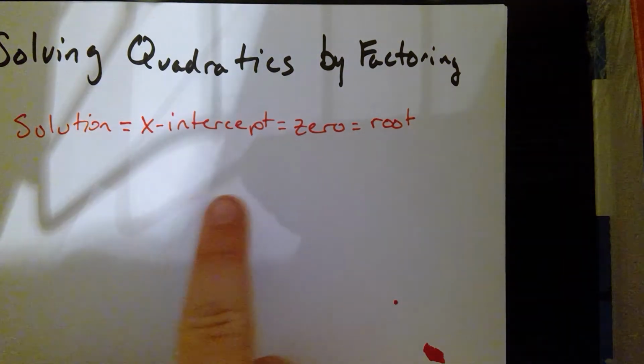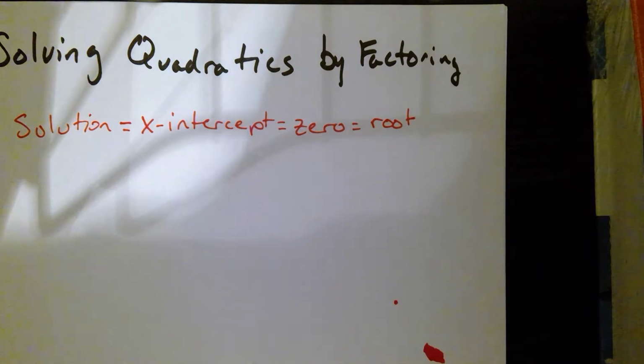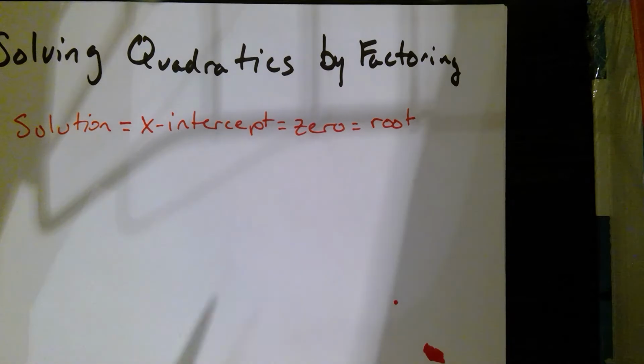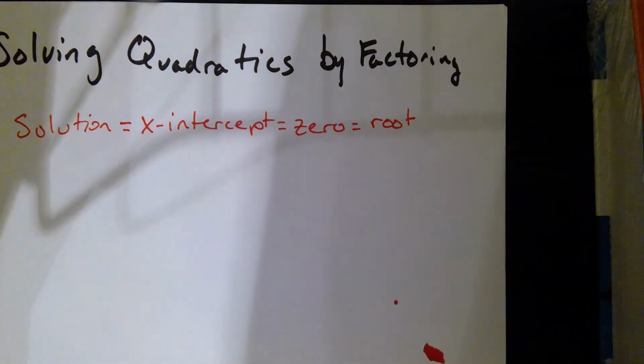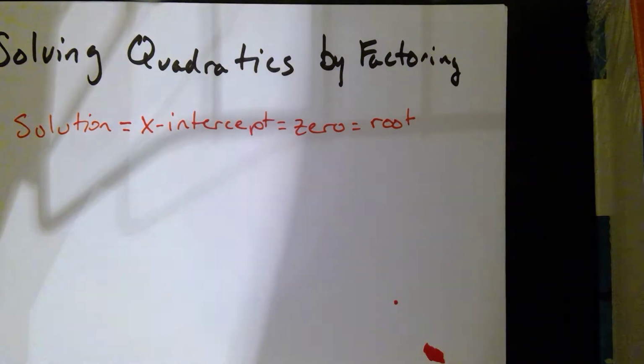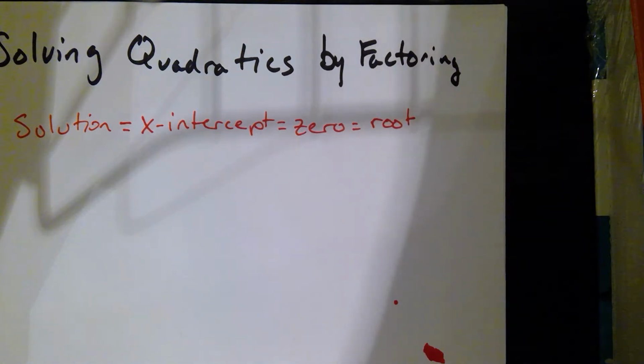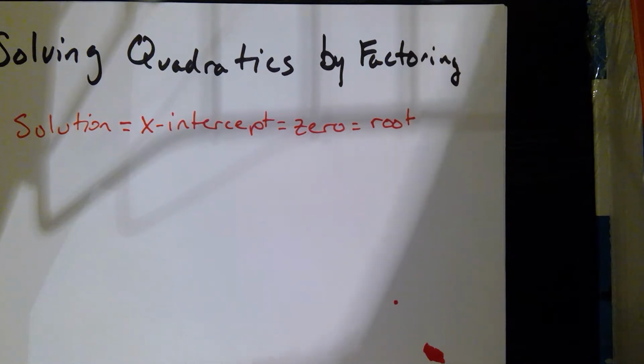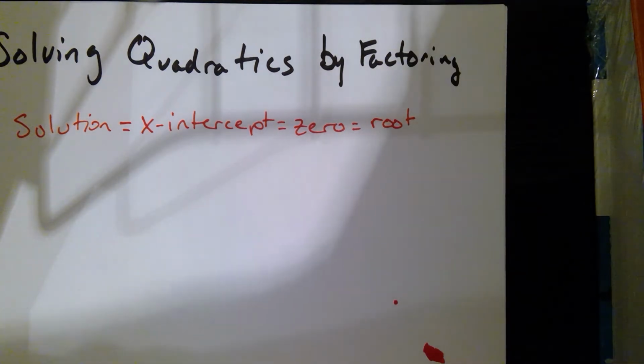Okay, all four of these words we will use to describe solutions. So we will need to know each of these words. They all mean the same thing, but we have to be able to recognize when we're asked to find the solutions, x-intercepts, zeros, or roots. It all means the same thing.